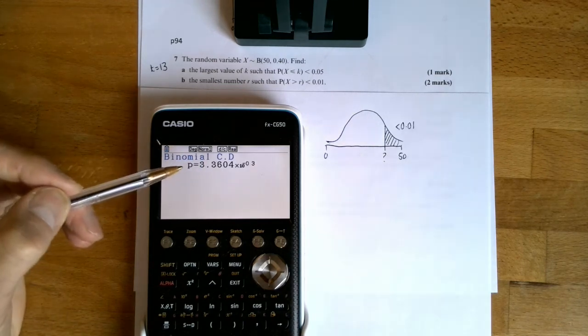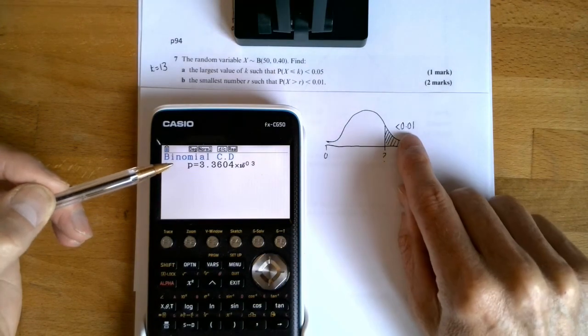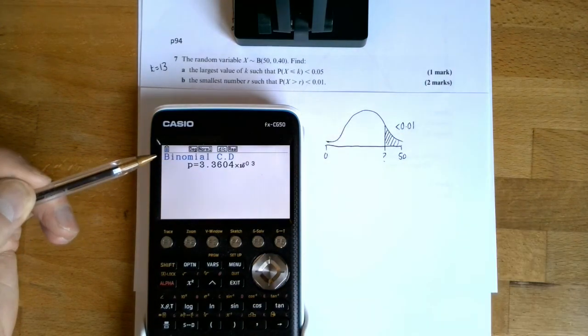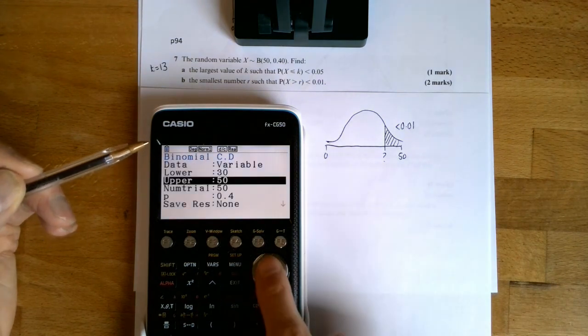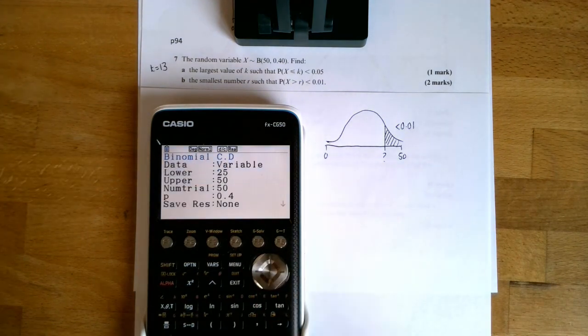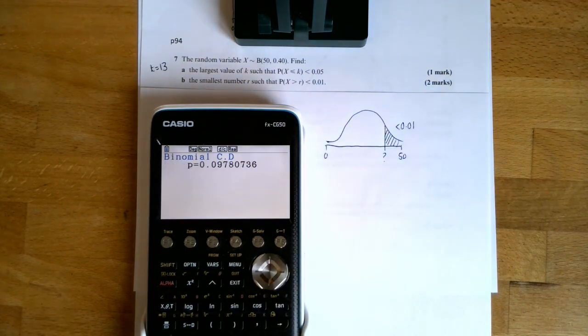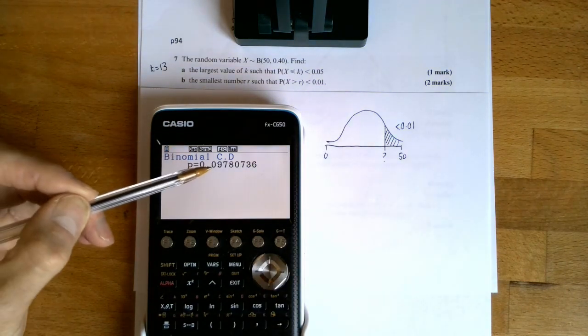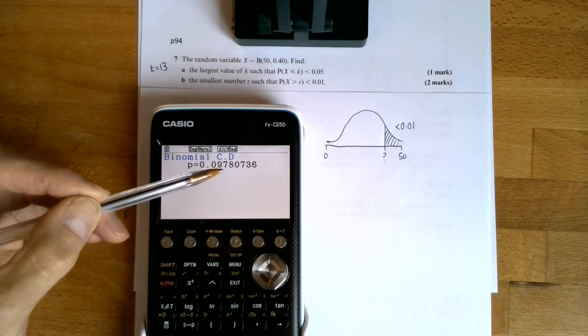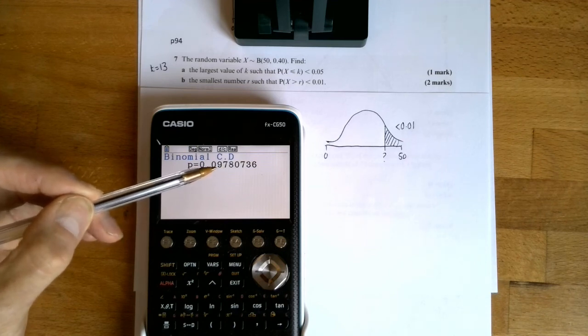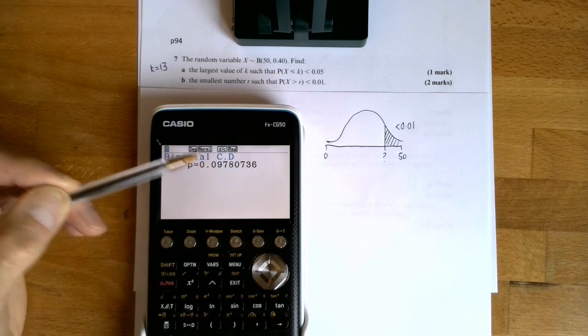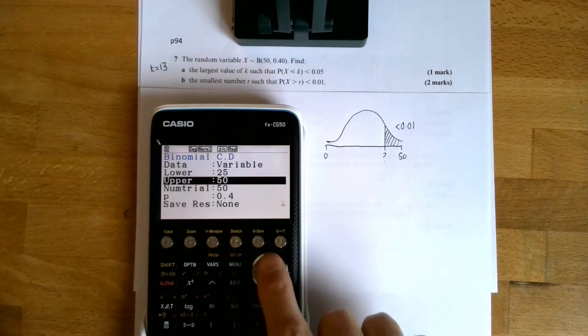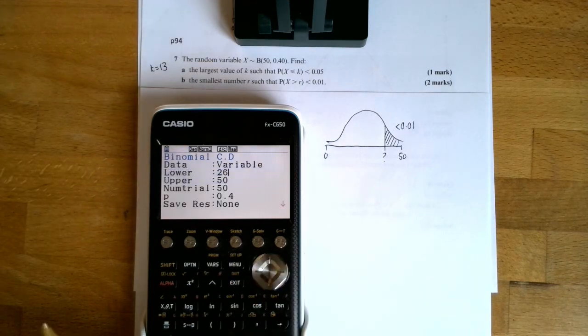Okay, so that's 0.003. It's less than that, but a lot less. So I need to go back a bit further. So let's go to 25. I'm moving this value back. 0.097. So I've gone too far now. So let's start winding it up.